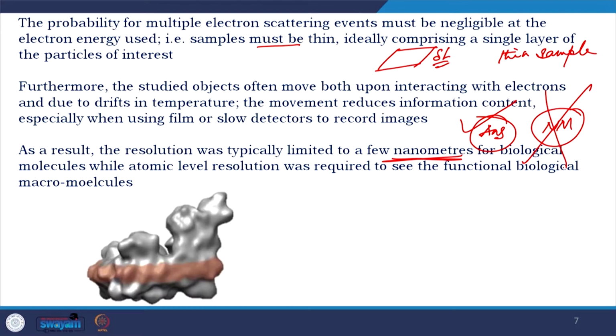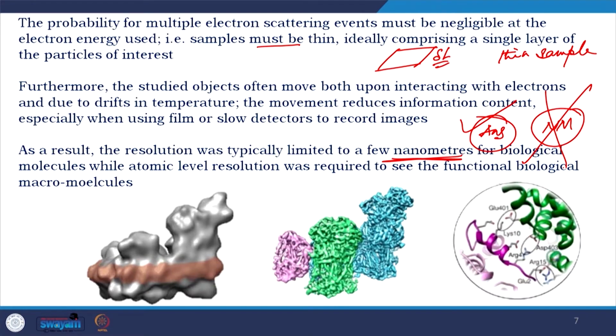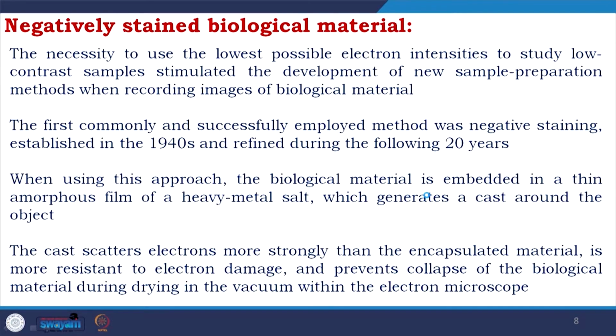So, you see the earlier ones, but then it started improving and we are going literally to higher resolution, as you see here the atomic details. That is the journey of cryo-electron microscopy. So, negative staining of biological material plays a very important role even today in sample preparation, checking the sample, and the initial development of the 2D model.